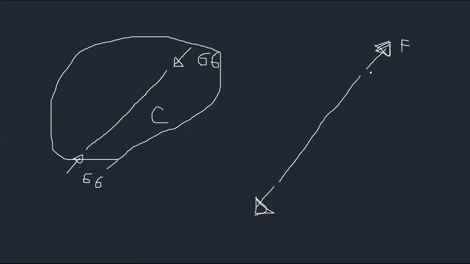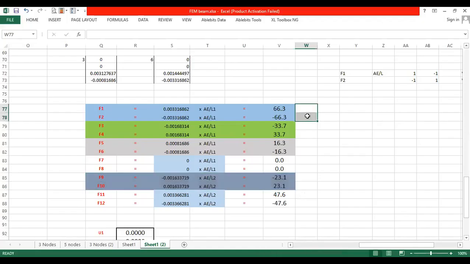If it's negative and positive, it's a tension, right? So you can see this is positive and this is a compression, right? This is compression. Sorry, this is tension, right?